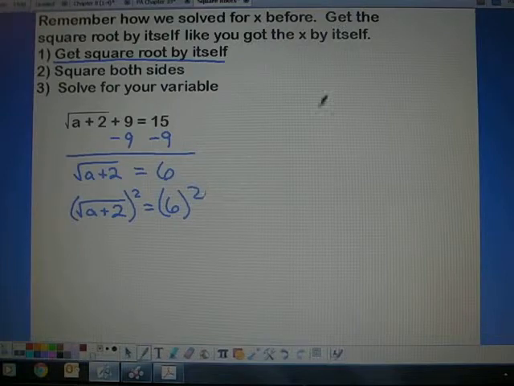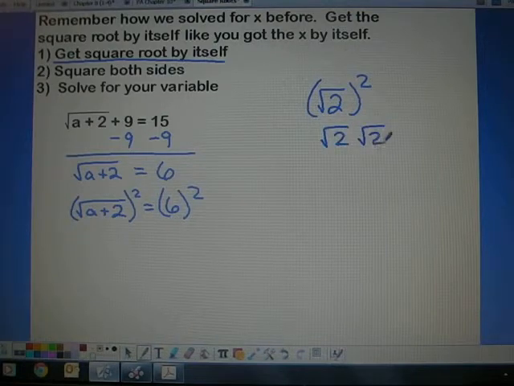Now, as we worked with before, if I had the square root of 2 squared, that means the square root of 2 times the square root of 2, and that's a pair, which makes it go out. So this square root and this square symbol cancel each other out and leave you with a 2. That same thing is going to happen here.